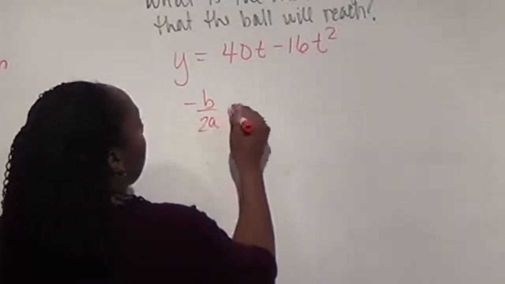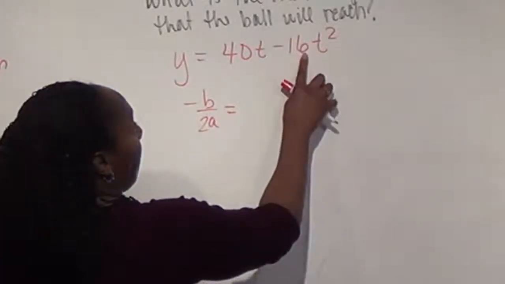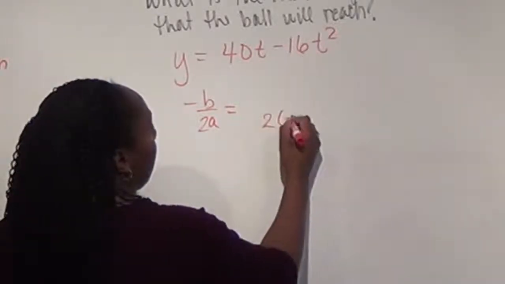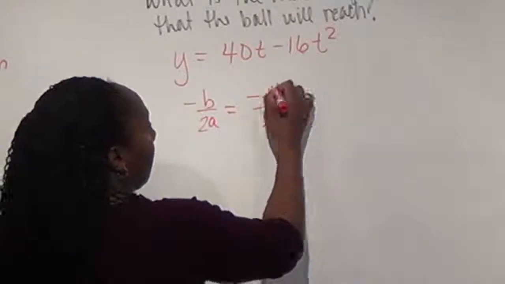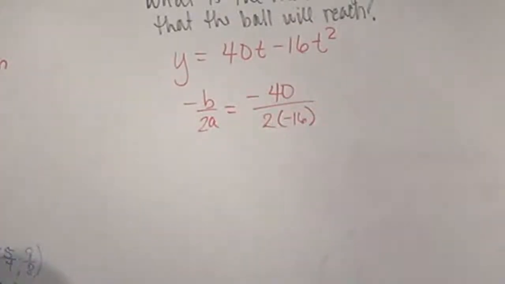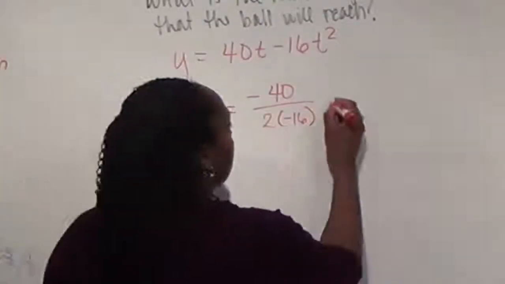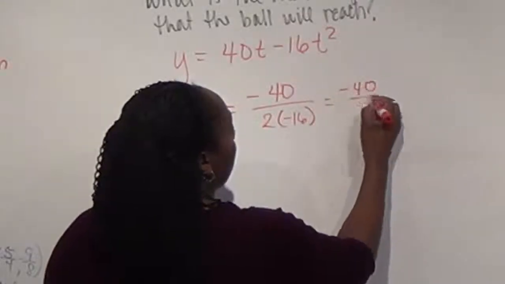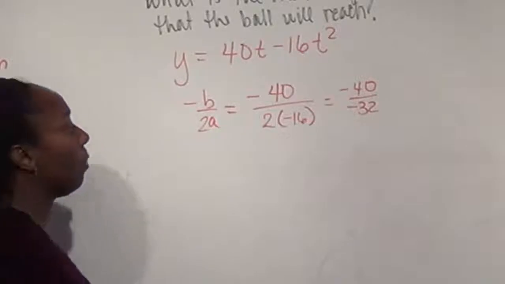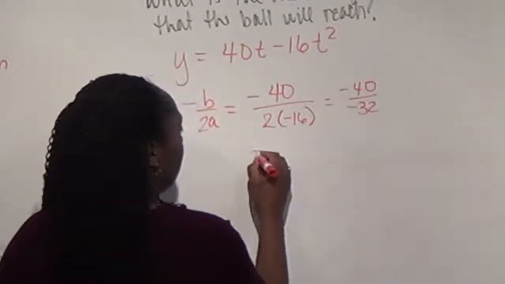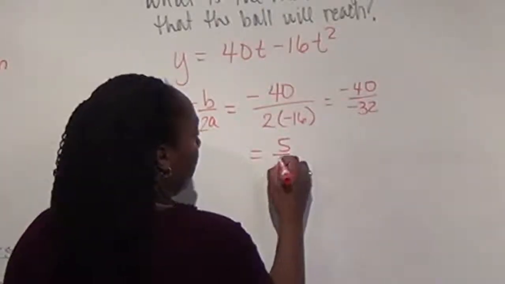So negative b over 2a says that in this case, a is negative 16, and b is 40. We'll simplify this. It looks like negative 40 over negative 32. We can pull an 8 out of top and bottom, so it's going to look like 5 over 4.